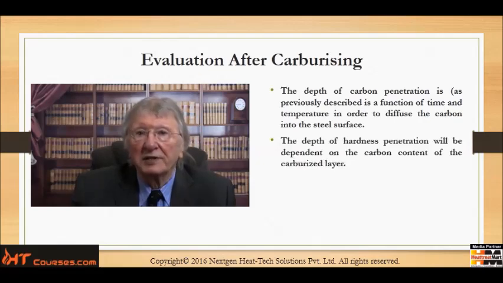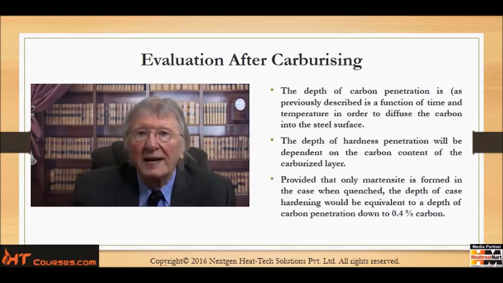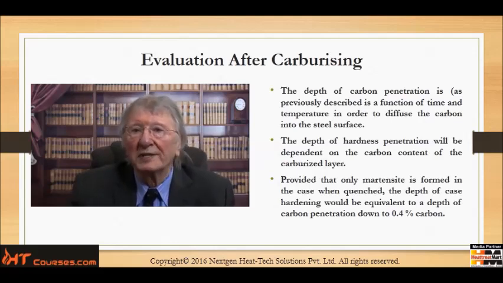The depth of hardness penetration will be dependent on the carbon content of the carburized layer, providing that only martensite is formed in the case when quenched from the carburizing temperature after it's cooled down and reheated. And this would be equivalent to a depth of carbon penetration down to 0.4% carbon potential.